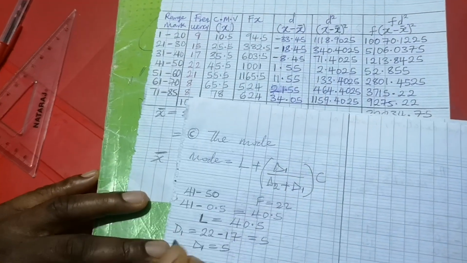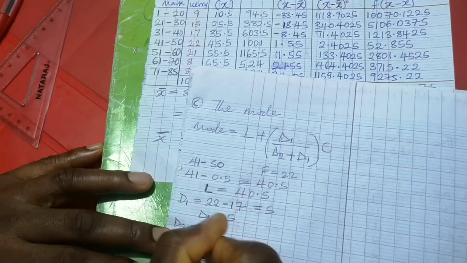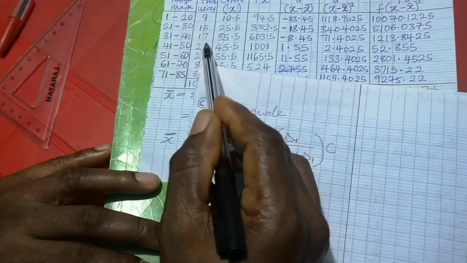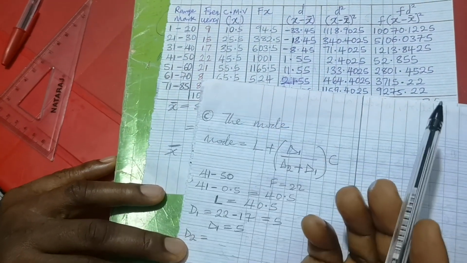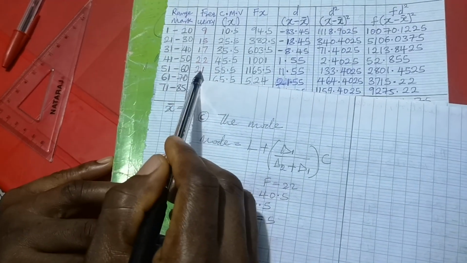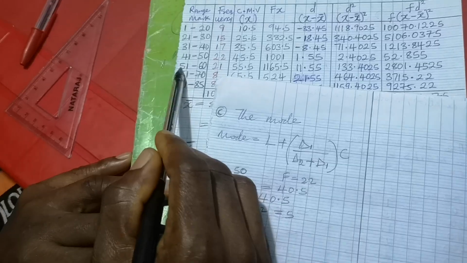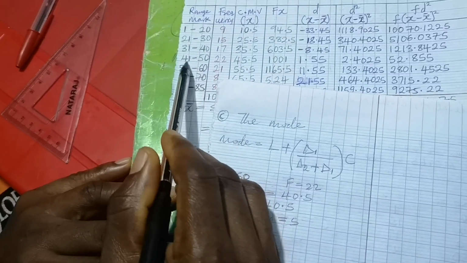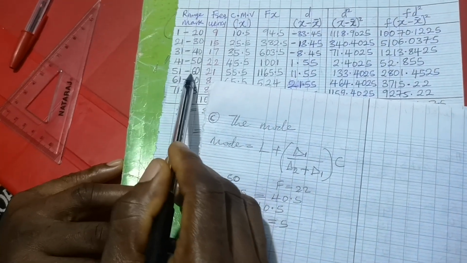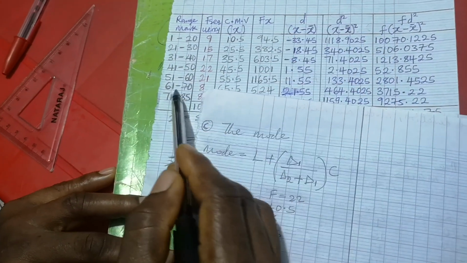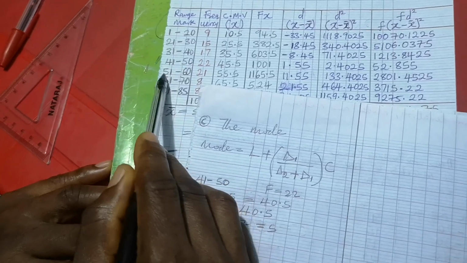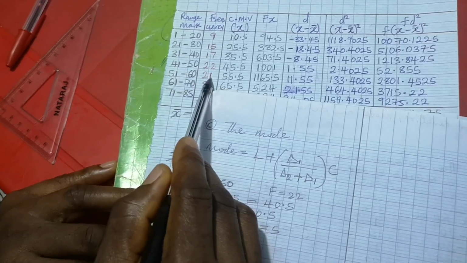Okay, then D2 is the difference between the frequency of the modal class and the class after it. The class after it, if you are coming down this way, is this class 51 to 60, and the frequency is 21.